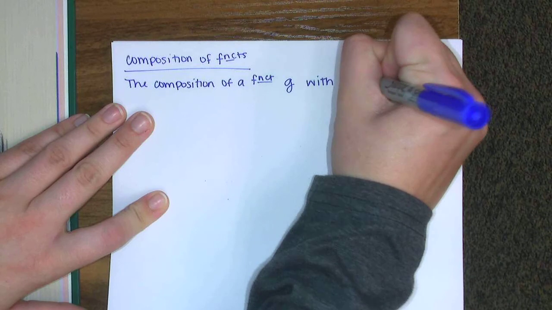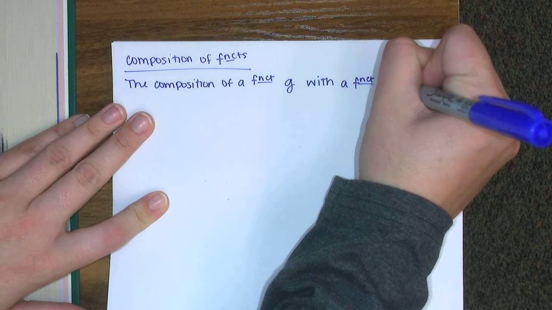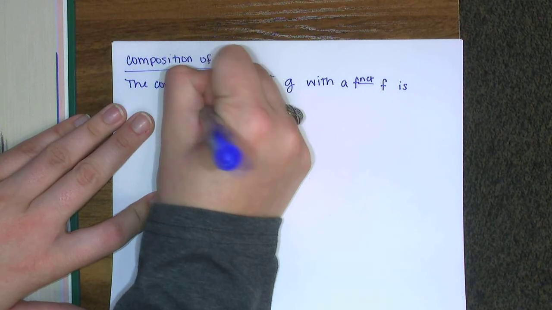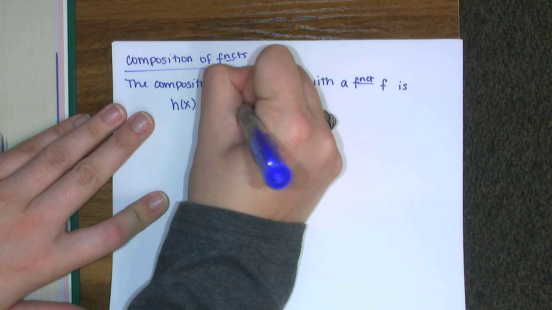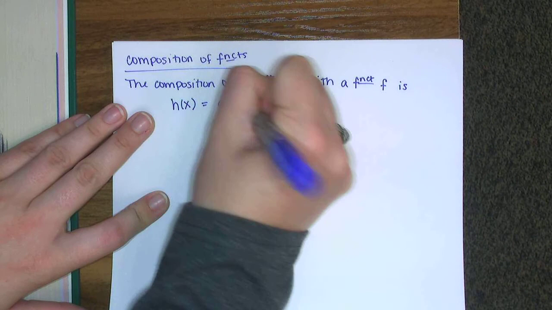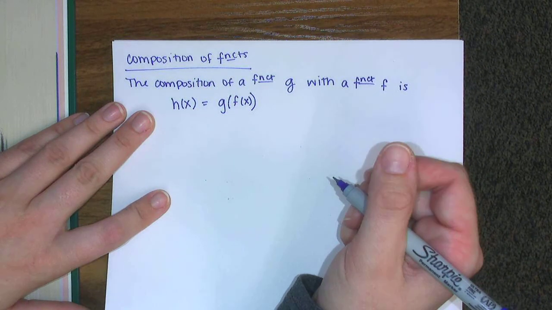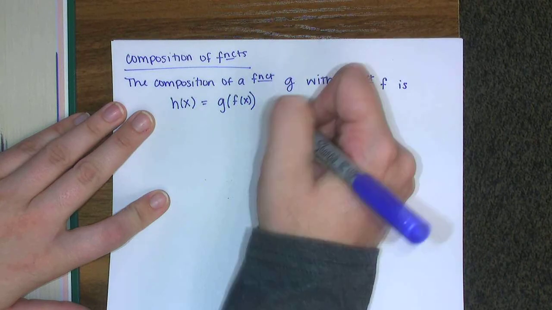Sometimes this will be written another way. Sometimes you might see this written as g a little o f of x. That's another way you might see it written. Our book always writes it this way, so focus on this way for right now.